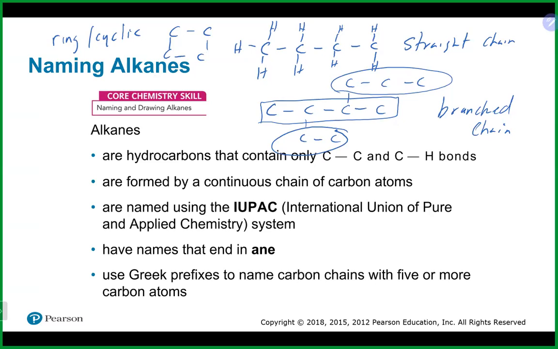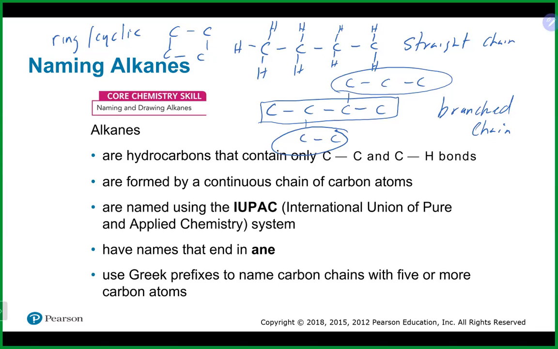One end joins up with the other end and closes it off in a ring or cyclic structure. Depending on the type of chain we see, it has an effect, as we will see, on the way you go about naming things. Those are the different ways that carbons can come together. Any questions on that?